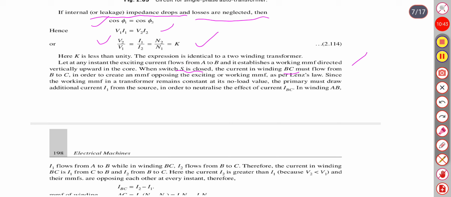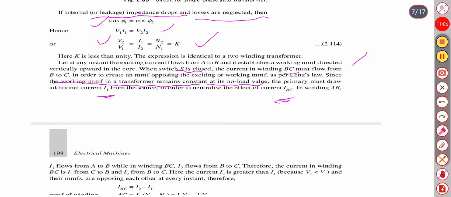Since the working MMF in a transformer remains constant at its no load value, the primary must draw additional current I1 from the source in order to neutralize the effect of current IBC.